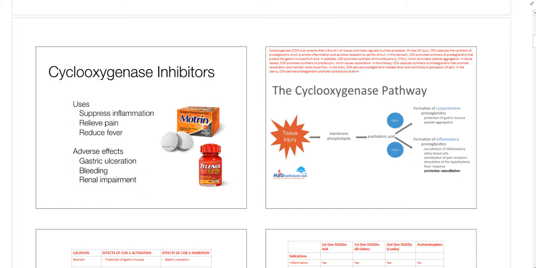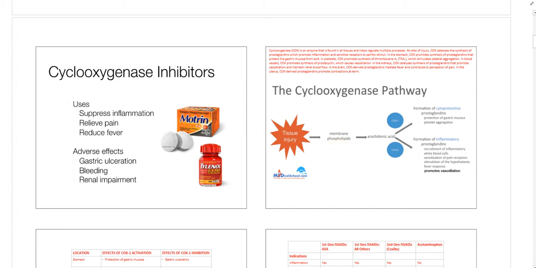So the cyclooxygenase pathway, we've got our tissue injury of any kind. The broken or ruptured cells have membrane phospholipids. Actually, I don't even know if that's accurate. So somewhere we get some membrane phospholipids, whether they're released automatically or if it's because of destroyed cells, I couldn't tell you.